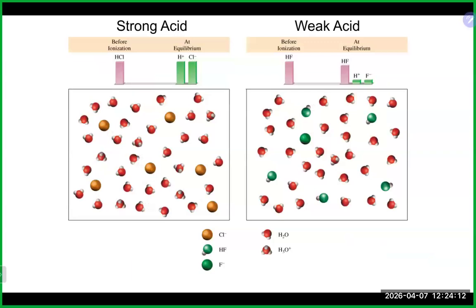All right, so a strong acid completely breaks apart. A weak acid will stay together. So what happens if we are given the concentration of a strong acid, and not just a generic H plus or H3O plus concentration?